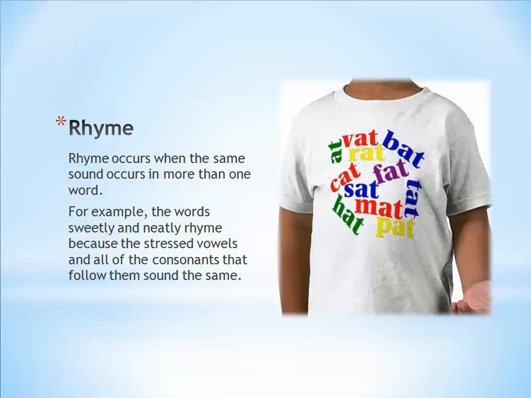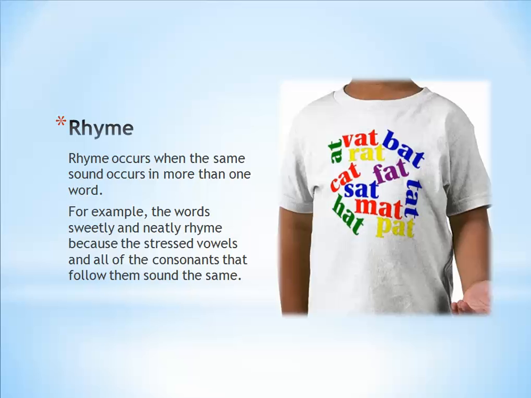If you have the same vowel sounds, A, E, I, O, U, or consonant sounds, G, F, P, K, and those same sounds are repeated, then you have rhyme. For example, sweetly and neatly have a rhyme. The E sound in sweetly and in neatly begins to rhyme with a vowel sound, and it ends with a consonant rhyme. When you stress these sounds in both words, you have rhyme.